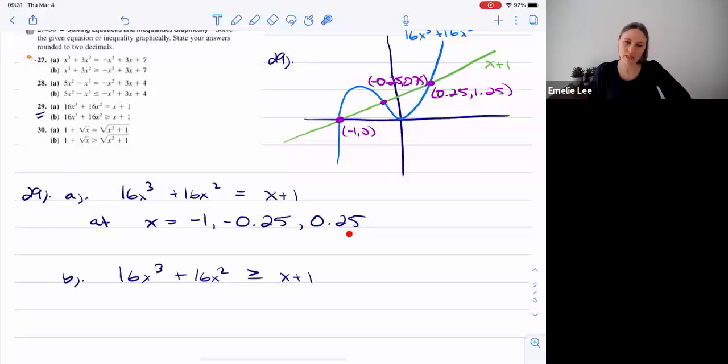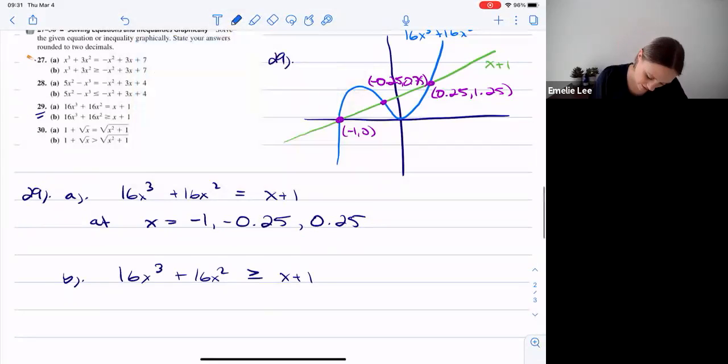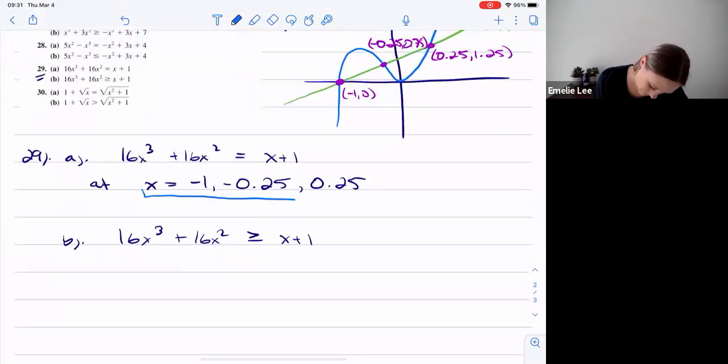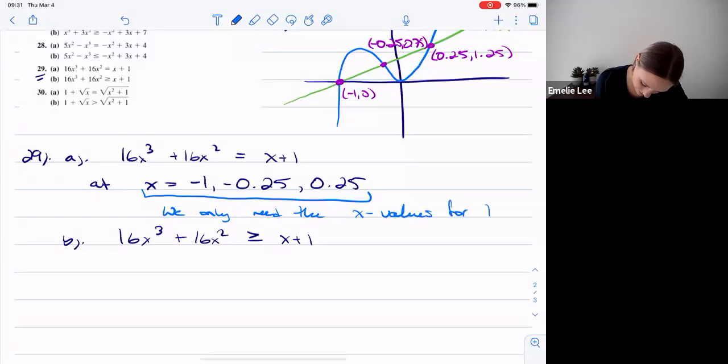So typically we only list the x values that yield the points of intersection, because we can find the y values, but it's a little bit redundant. So we only state the x values. Nice, but I should have said that. In fact, we only need the x values for the solutions.